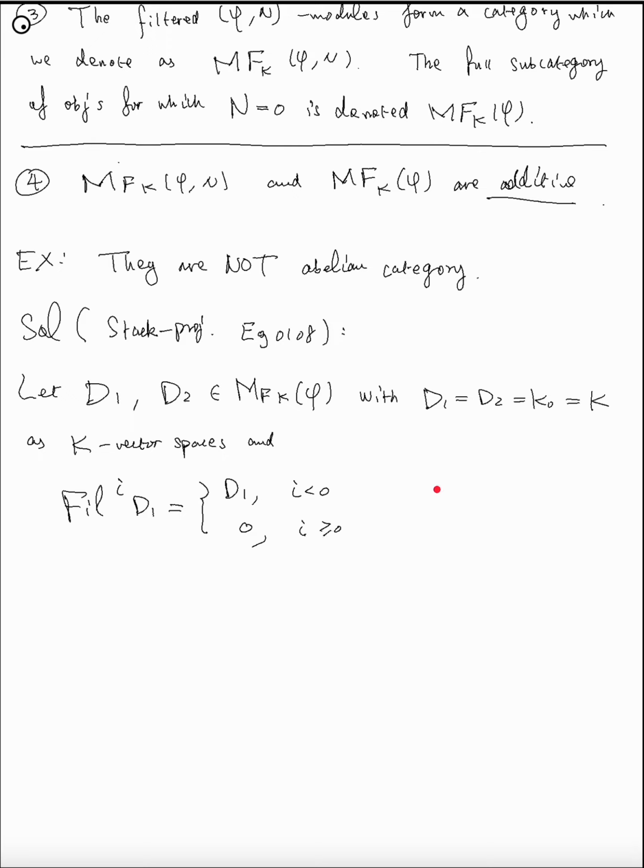So basically this is D1, and this is, let's say, i equals -1, i equals 0, i equals 1, i equals 2. This is D1, and then 0, 0, 0, right?